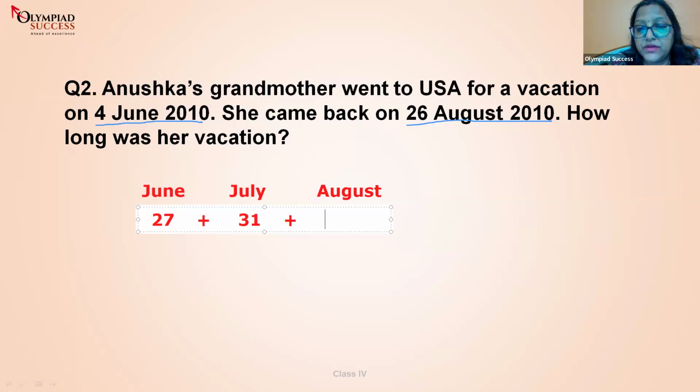Next one over here. She came back on 26th. That means up to 25th, she stayed in US. Right? So here again, she stayed over there for 25 more days in the month of August. Now just add them up.